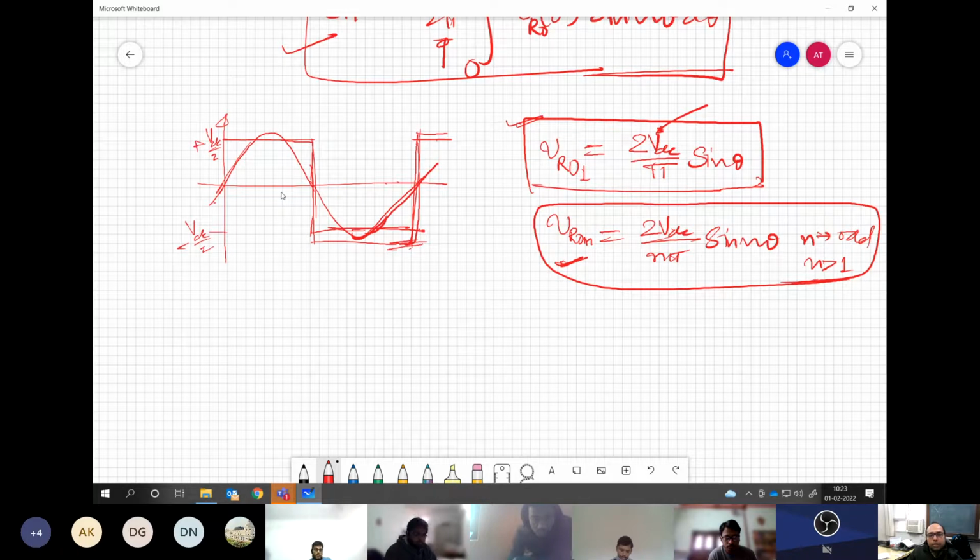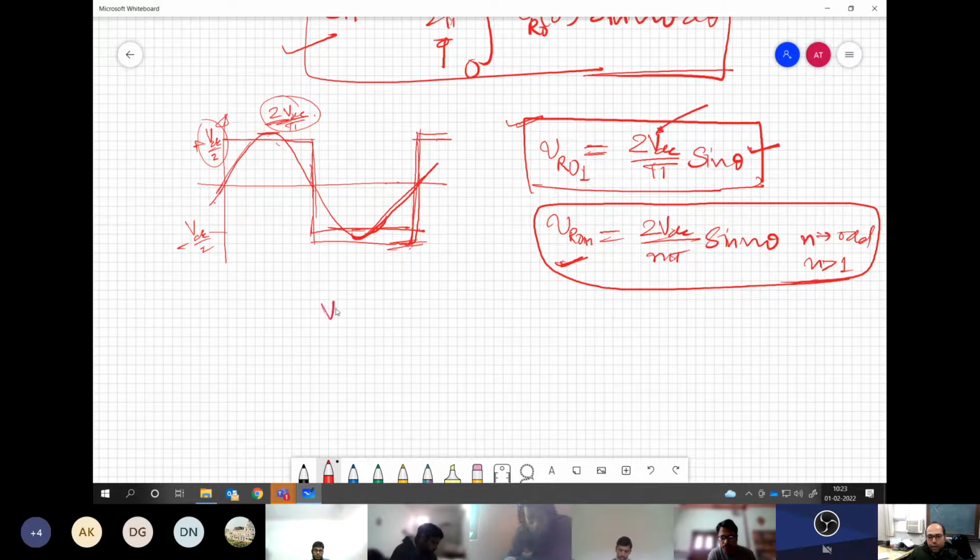So this peak is basically 2 VDC by pi, slightly higher than VDC by 2. Now this is what you are getting as fundamental.